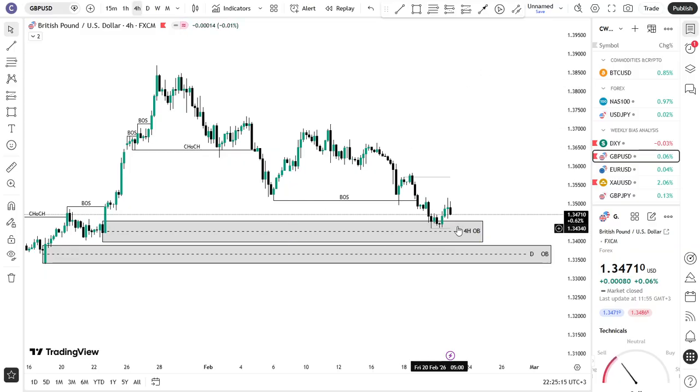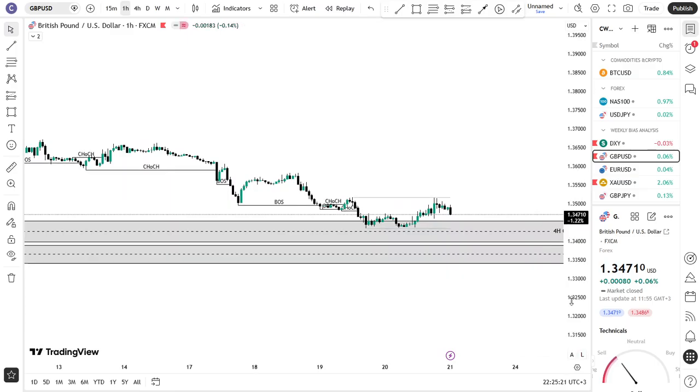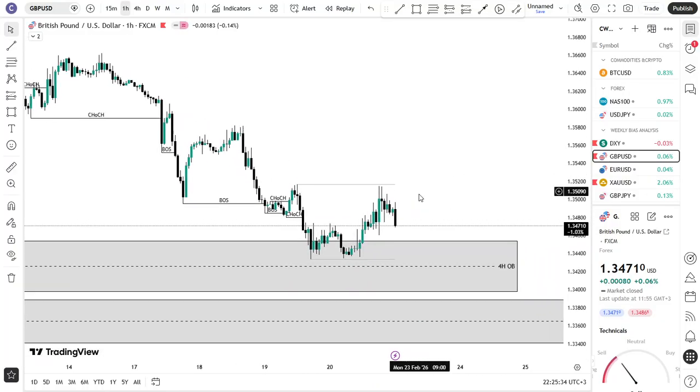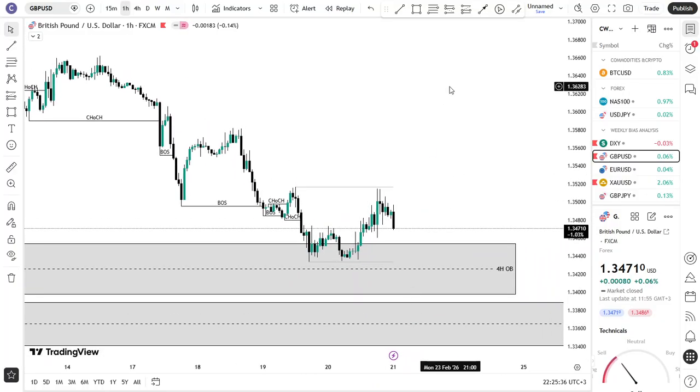Let's go to 1 hour and see what price is doing. For me to confirm, if price breaks this high here and creates a change of character, then we're going to buy. But if price doesn't, then we are going to wait and see how the market is going to react on this first OB over here.